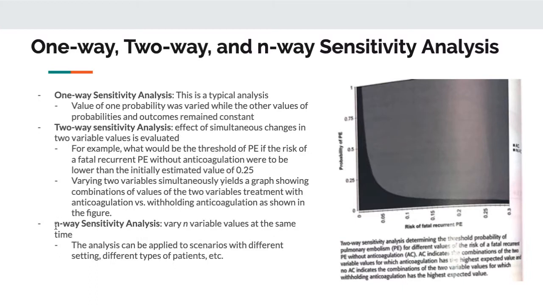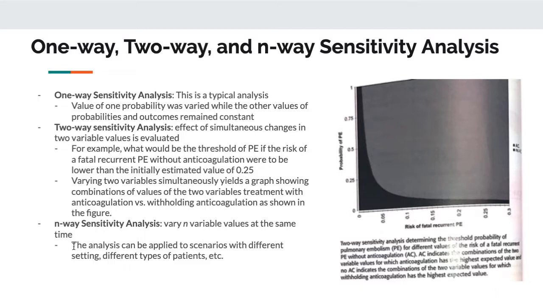The next method we call n-way sensitivity analysis. By varying n variables at the same time and observing the outcome of the conclusion, we have the n-way sensitivity analysis. So this is obviously very complex, and most of the time we will not be able to change all the parameters at the same time.